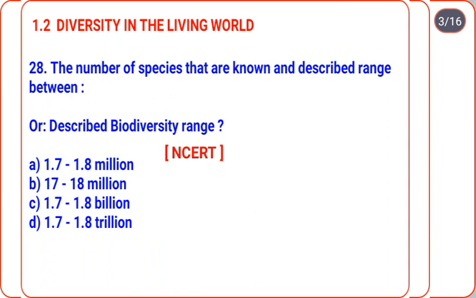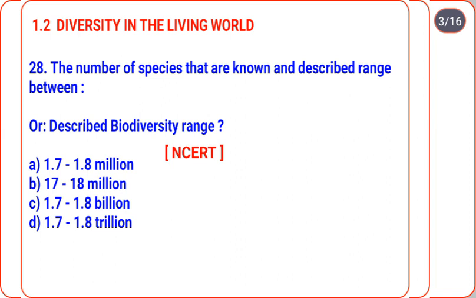Topic 1.2, diversity in the living world. Question number 28. The number of species that are known and described ranges: option A 1.7 to 1.8 million, option B 17 to 18 million, option C 1.7 to 1.8 billion, option D 1.7 to 1.8 trillion.